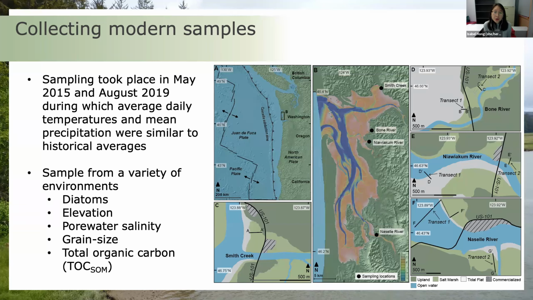In addition to collecting samples for diatom analysis, we also did pore water salinity measurements, collected samples to take back to the lab and do grain size measurements, and we also collected samples to look at total organic carbon.